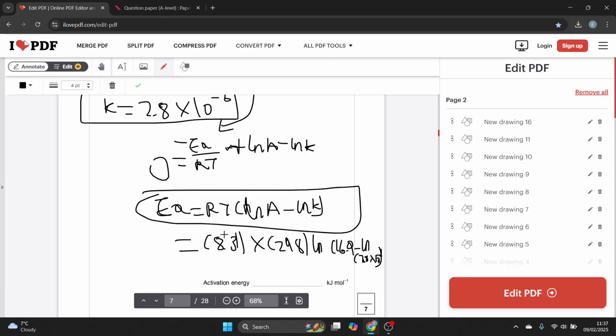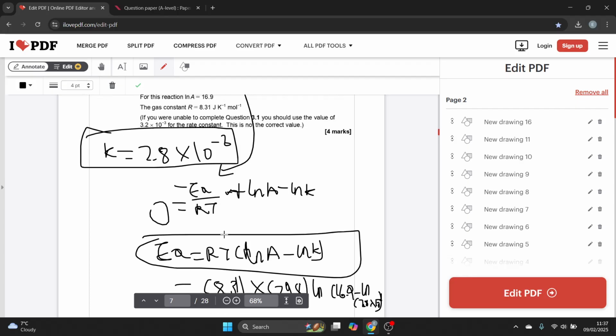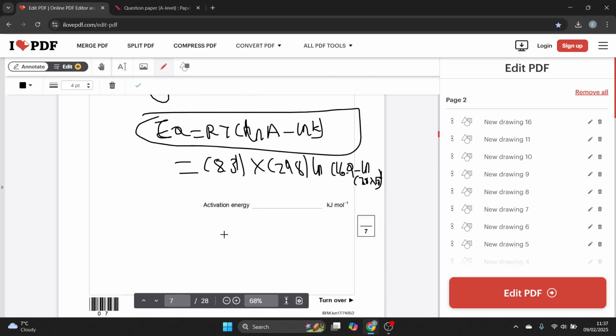And now if I just put that all in the calculator, ln 16.9 minus ln 2.8 times 10 to the power minus 2.